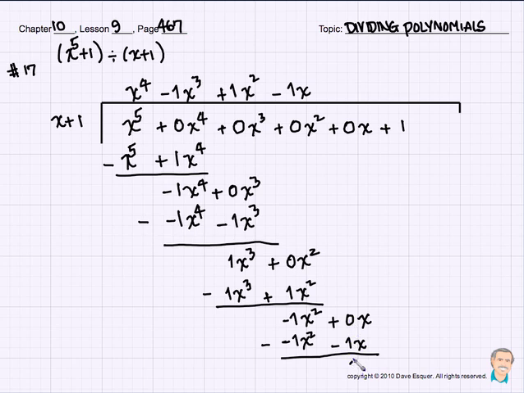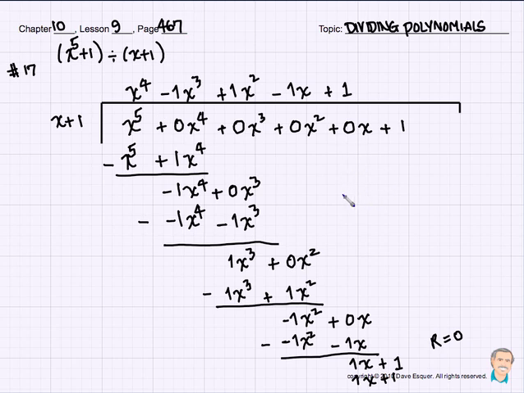Subtract again, and we end up with a 1x plus 1, and we end up with adding the 1, because 1 times x plus 1 gives me the 1x plus 1, and when we subtract, we end up with a remainder equal to 0.